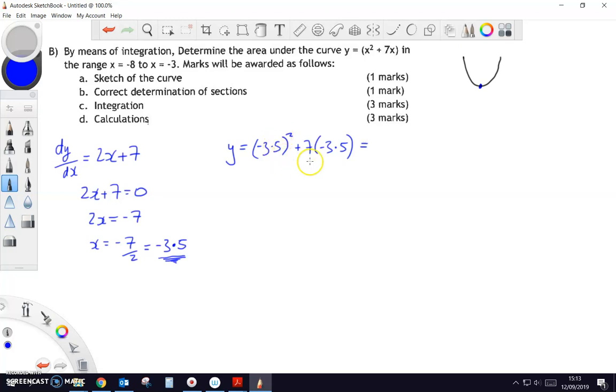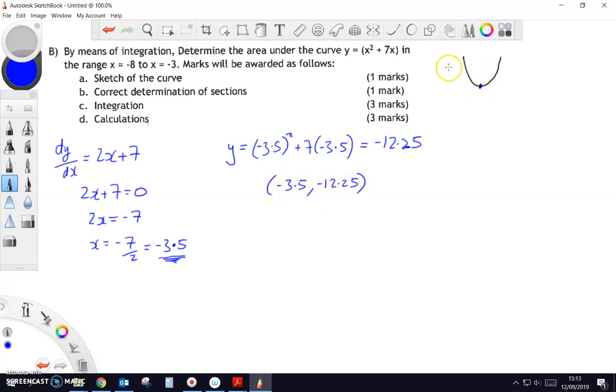I have it done here already, and I get minus 12.25. So that means our turning point has the coordinates minus 3.5 and minus 12.25. So that is our turning point sorted out.